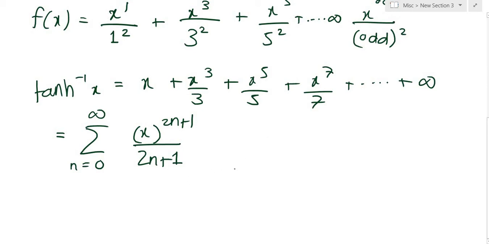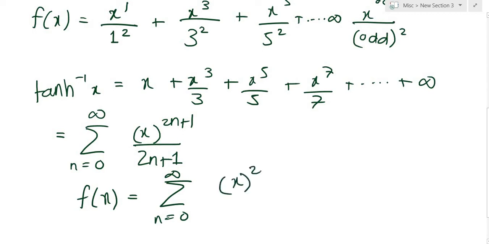So first let's just rewrite our f of x. So what's f of x? F of x is basically the sum from n equals 0 to infinity of, well, we have x raised to 2n plus 1 over 2n plus 1, the whole thing squared, right?